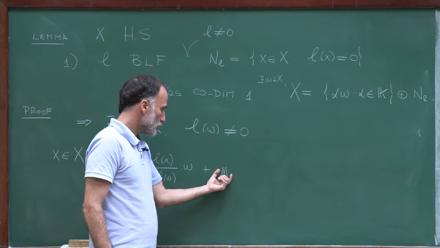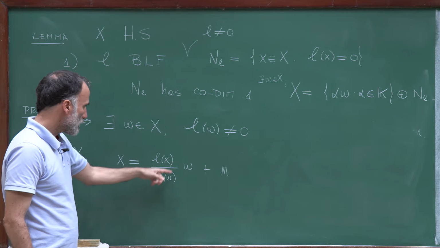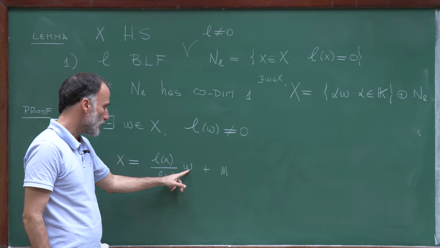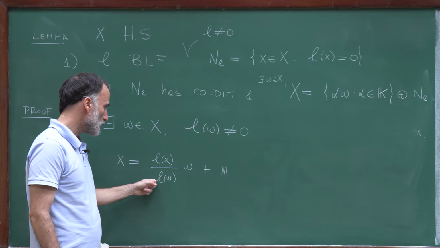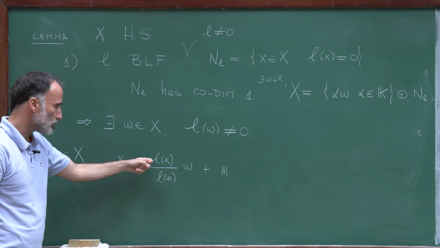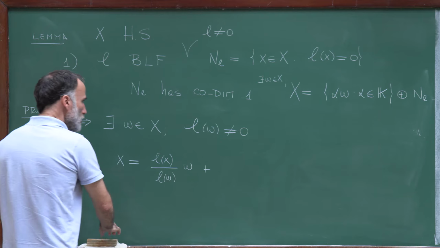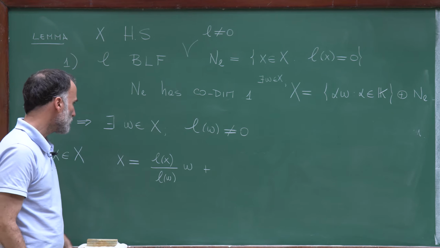This is an element of the null space, so L of n is equal to 0, so that disappears. And here, by linearity, I get this scalar times L of W. So this scalar has to be equal to L of x divided by L of W, because they will cancel, and the left-hand side is equal to L of x. So this has to be the scalar which is multiplying W.